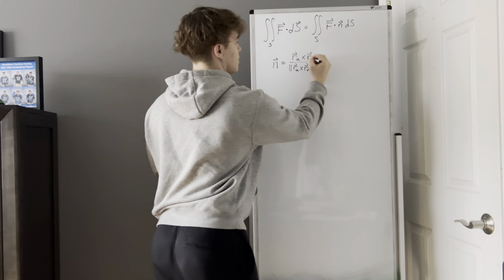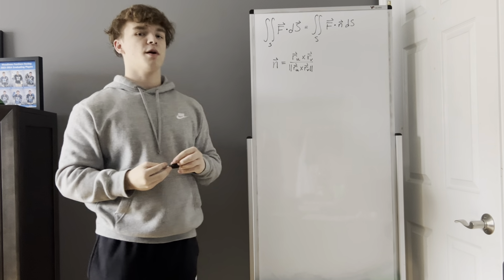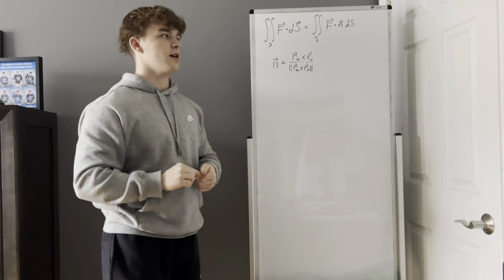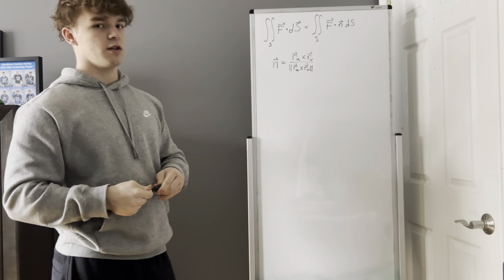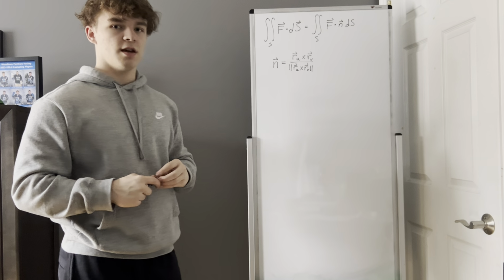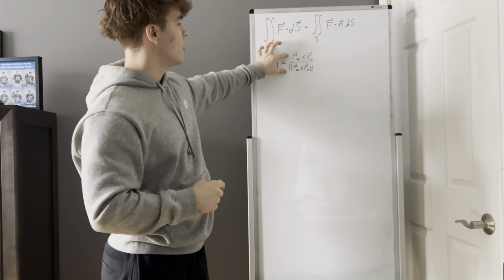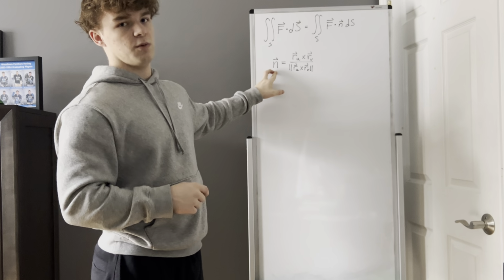We take both of the partial derivatives, just like we did with regular surface integrals, and then we cross product them, just like we did with normal surface integrals, except this time we will be getting a vector, as we know.